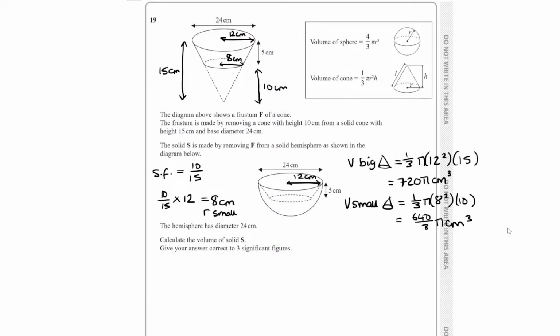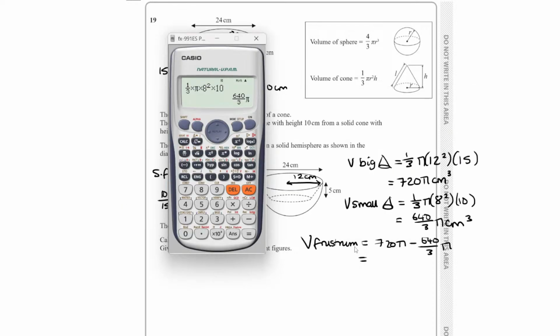is the small cone. So therefore, we've got to try and remember what we were doing in the first place. To work out the volume of the frustum, I just need to subtract those two, don't I? Volume of the frustum is 720 pi minus 640 over 3 pi. That's much easier than using the decimals, isn't it?